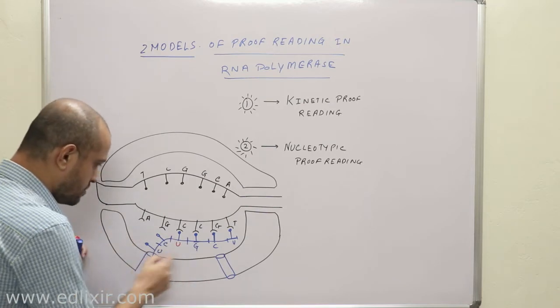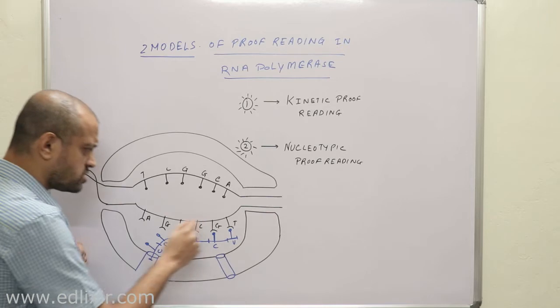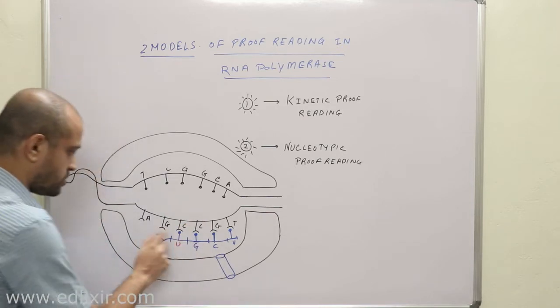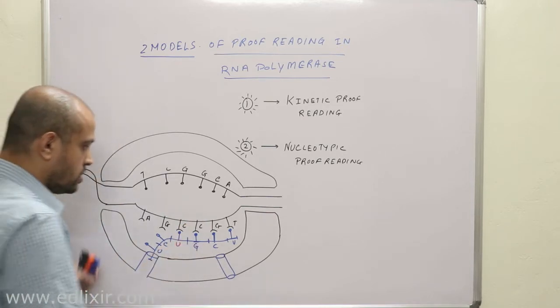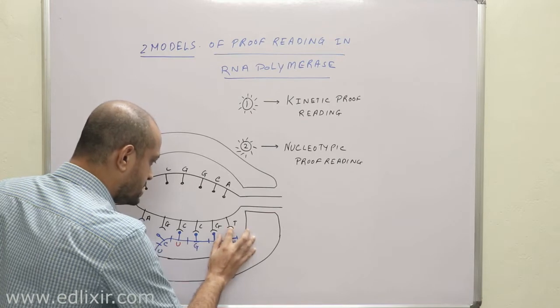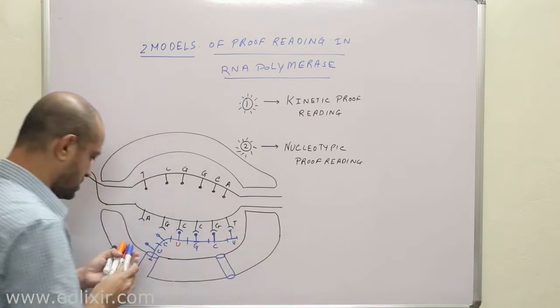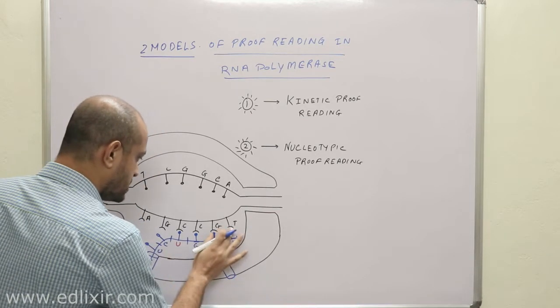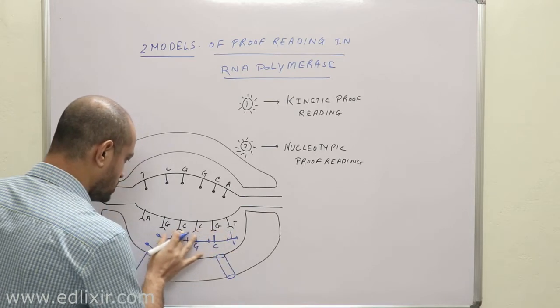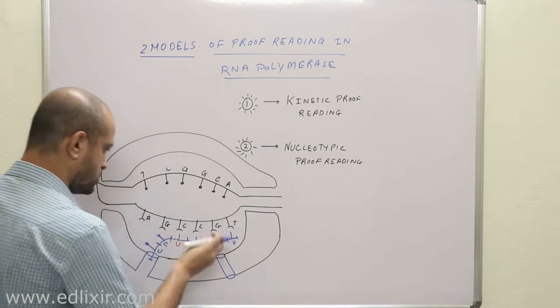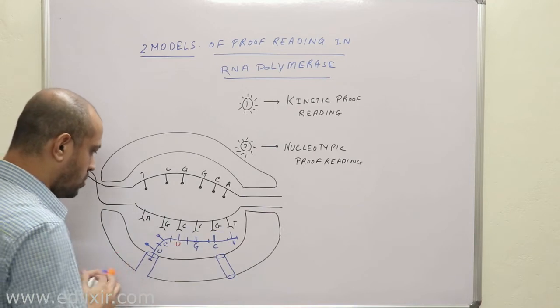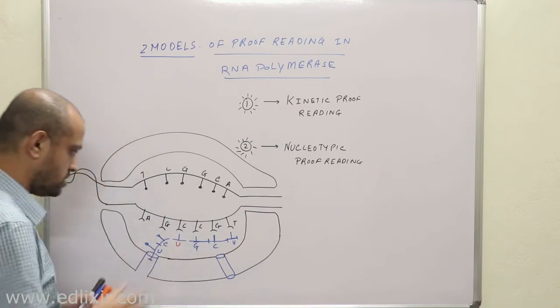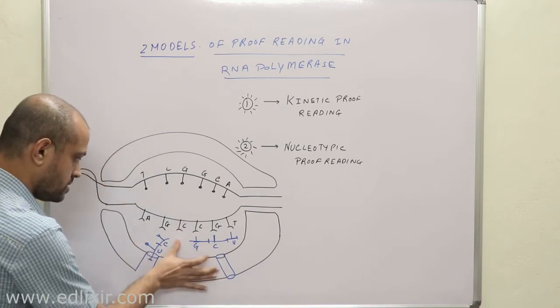Suppose after some incorporation of nucleotides, it has realized that there is a problem. It will dismantle all the hydrogen bonds here, cleave this bond, and get away.